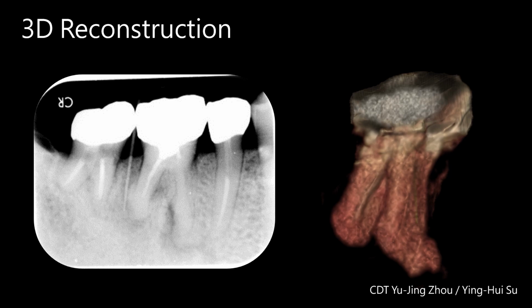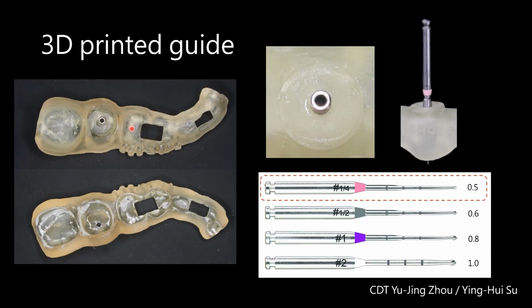We use clear resin to 3D print the guide, and we manufactured a metal sleeve for this long shank bur to fit in. The diameter of the metal sleeve is a little bit bigger than the shank. So we choose a 0.5 millimeter bur, with cutting at the tip, and the shank fits into the metal sleeve.